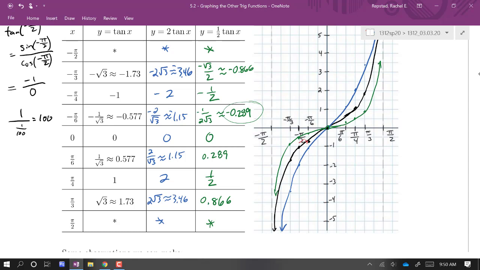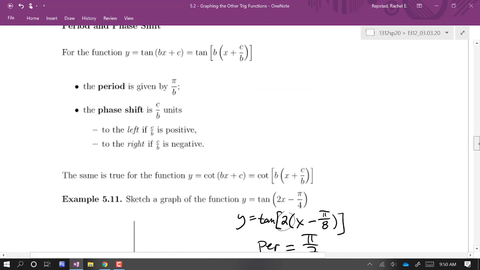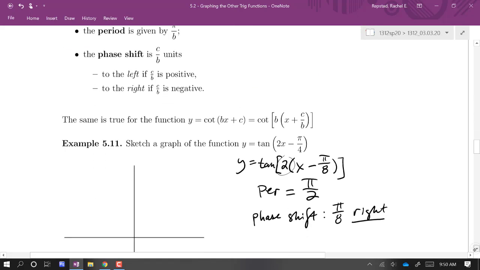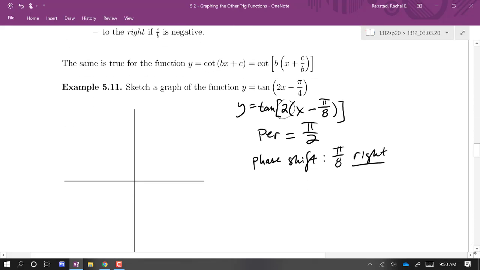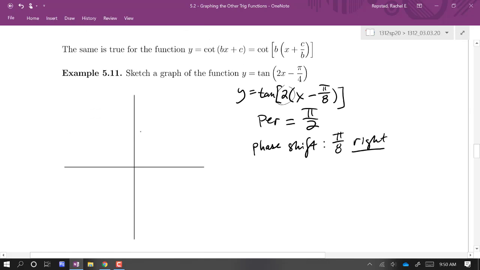If we do that here, the coefficient in front is just 1. So at that value, where tangent is equal to 1, that's just as high as it'll go. And the period is pi over 2. This is tangent, so I'm going to go half of that period to the left and half that period to the right. I'm going to start off at negative pi over 4 to pi over 4.